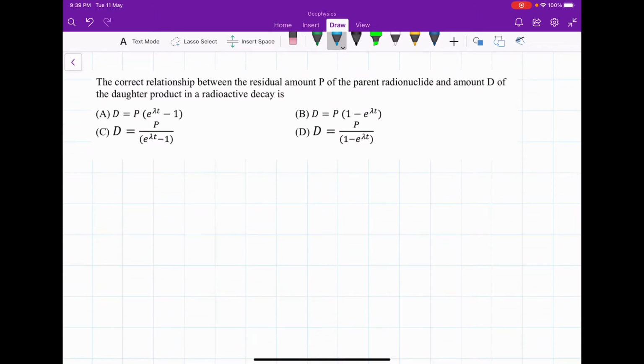So here, P is the parent radionuclide after time t, and we have to consider P naught, which is the initial amount of the radionuclide.